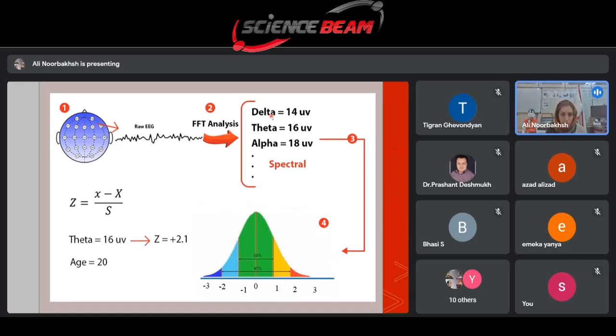According to the normal distribution curve, we get the color brain map.